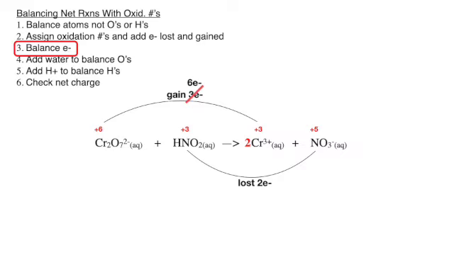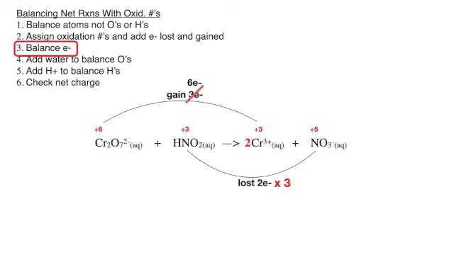If I hit 2 tennis balls, the other side's got to receive 2 tennis balls. So if you look at what's happening here, nitrogen is throwing away 2 tennis balls, but chromium's gaining 6. Well, that doesn't make sense. You can't throw away 2 and have the other guy get 6 all of a sudden. So I'm going to multiply that by 3 to make it 6. Now my electrons are balanced.